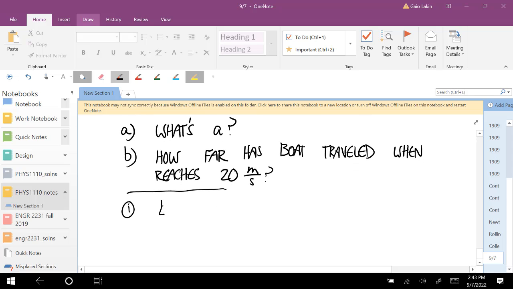So our time equals 0 instant is when it starts the acceleration. The time final instant is when it reaches 20 meters per second.